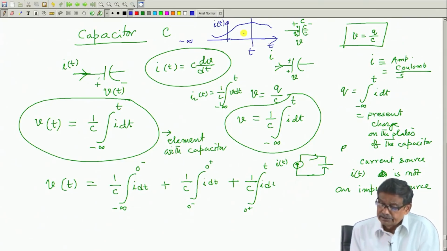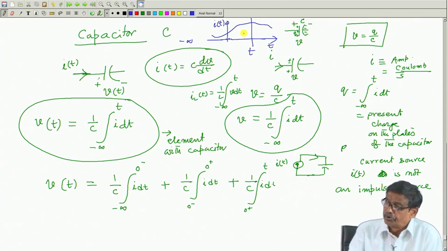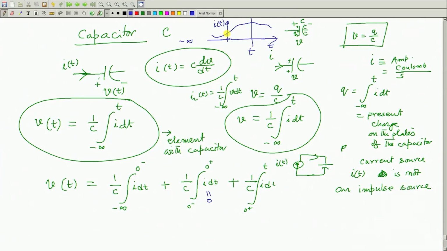Now, the question is, if you exclude it, it will not have any impulse, then this integral has to be 0, because this integral from 0 minus to 0 plus, as you make that 0 plus as small as you please, 0 minus as small as you please, this area vanishes.